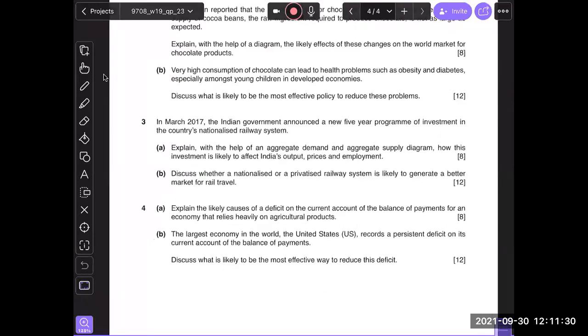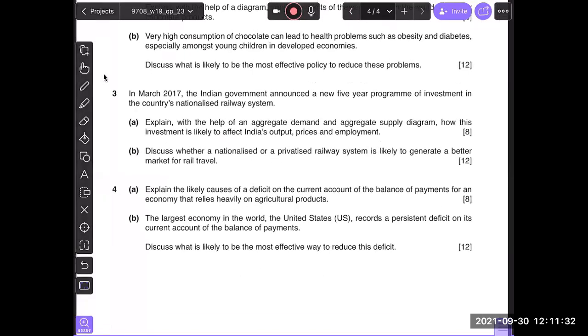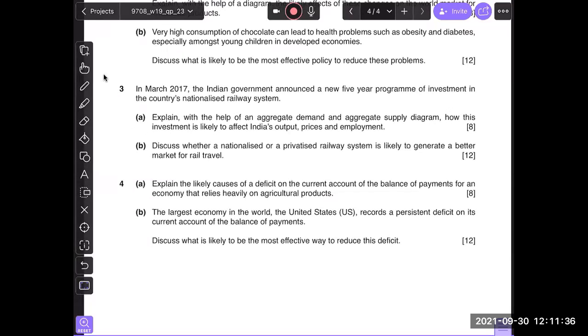Chocolate, if it's causing obesity and diabetes, could be a habit forming good. So demand is inelastic, so quantity may not fall by that much.